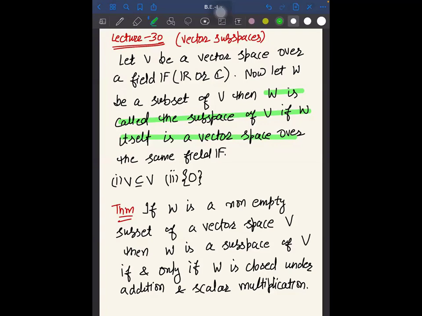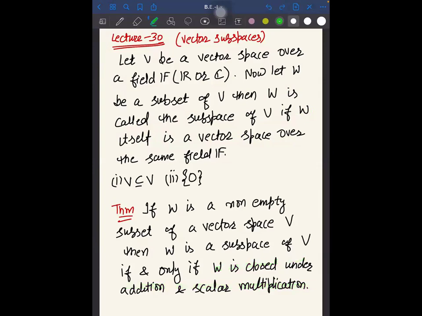But in case of a subspace, we have a shortcut. Because W is already a subset of a vector space, it needs to satisfy fewer properties. You just need to prove that W is closed under addition and scalar multiplication. That will be sufficient to prove whether W is a subspace or not, right?